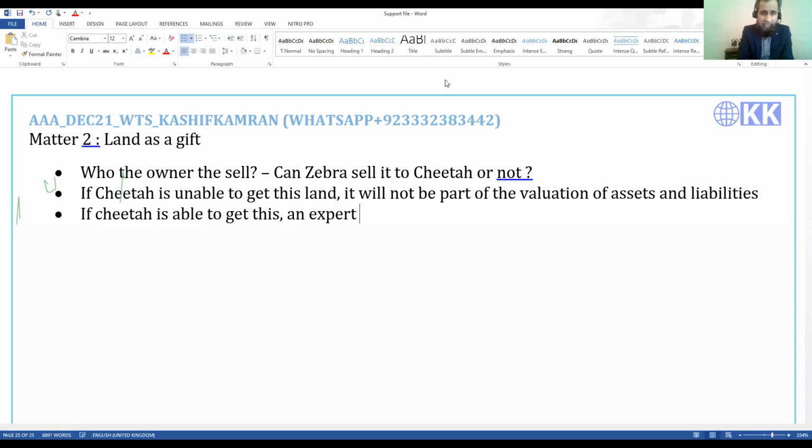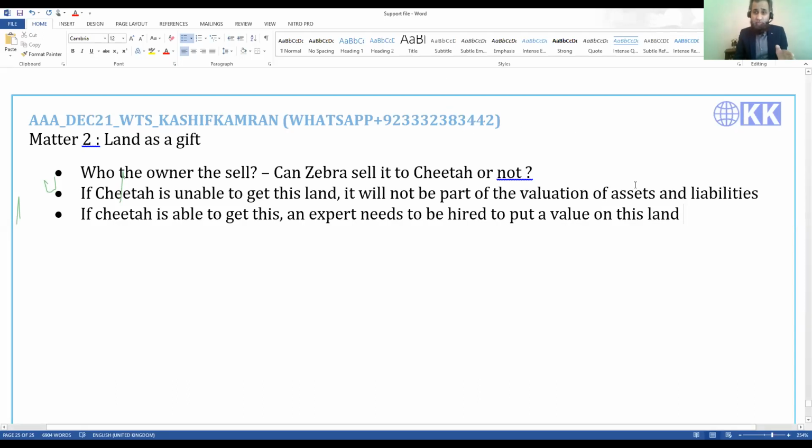an expert needs to be hired to put a value on this land, because you cannot put a value yourself, right? You need an expert here to determine the value of this land if Cheetah is able to get this land, to determine the valuation of assets.